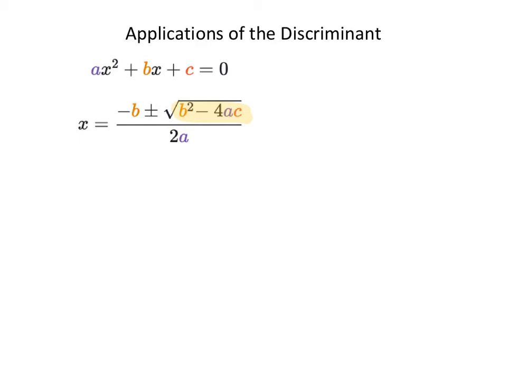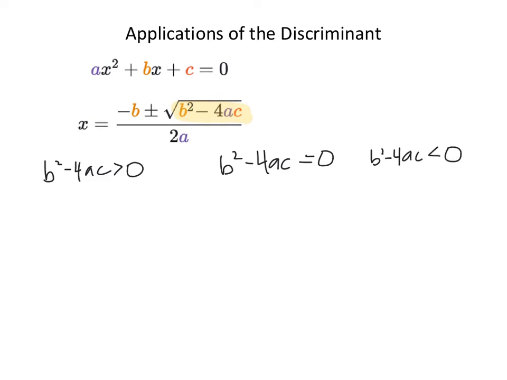The discriminant can tell us how many solutions a certain quadratic equation has. One option is when b squared minus 4ac is greater than 0, meaning it's positive. Another is when b squared minus 4ac is equal to 0. And another is when b squared minus 4ac is less than 0, where it's negative.